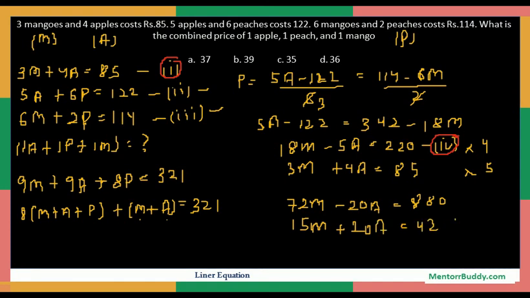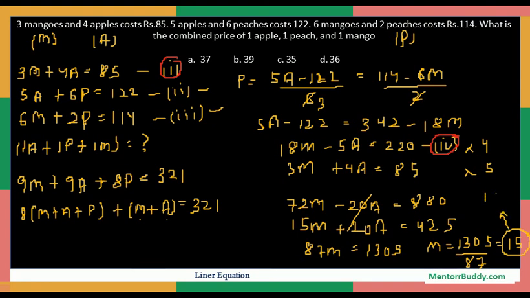Solving them simultaneously, adding them, this becomes 87M is equal to 1305. Solving this, M is equal to 1305 by 87, that is equal to 15. So the value of M is coming out to be 15.